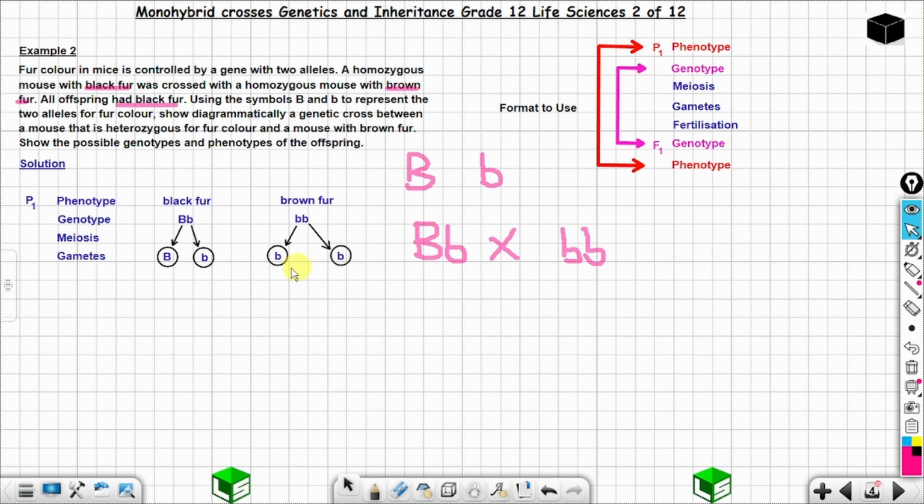Now you're going to have fertilization. They will go through fertilization so that you can have the genetic makeup for F1, filial 1, offspring generation. So you have the F1 genotype.